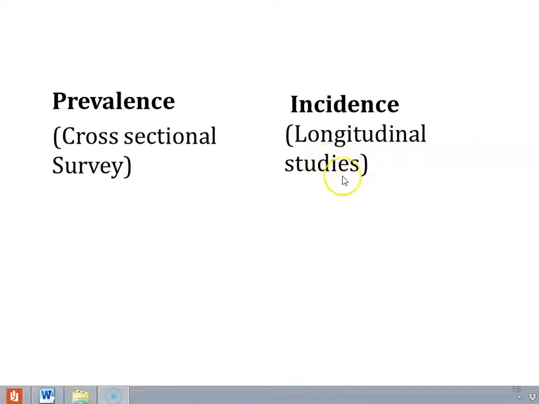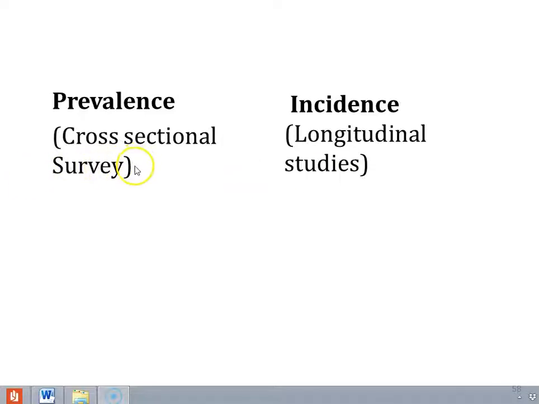Longitudinal studies means that we take the patients, enroll them in our study, and we follow them in future, and we observe developing disease outcomes, and that will be the incidence of the outcome.